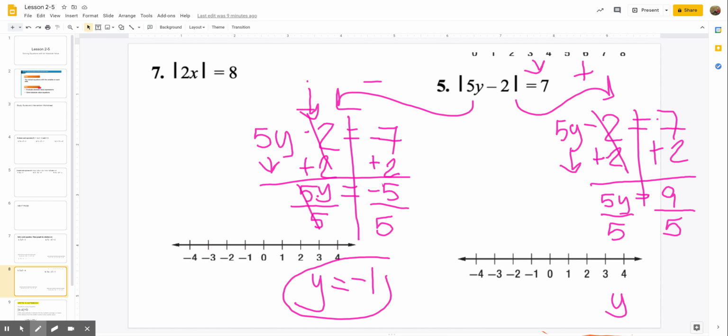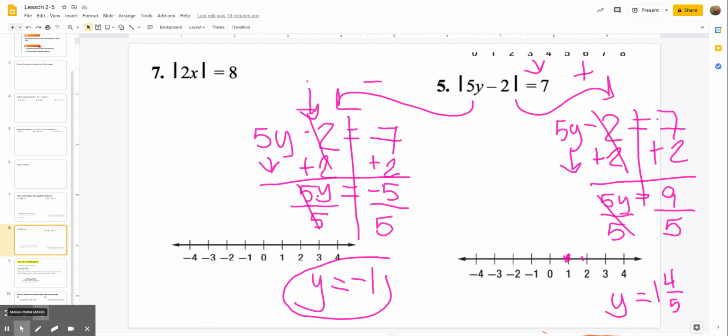And you have y equals 9/5. 9/5 is just like 1 4/5, which we can easily graph. We're going to graph -1 and 1 4/5, so pretty close to 2. And that's all you have to do.